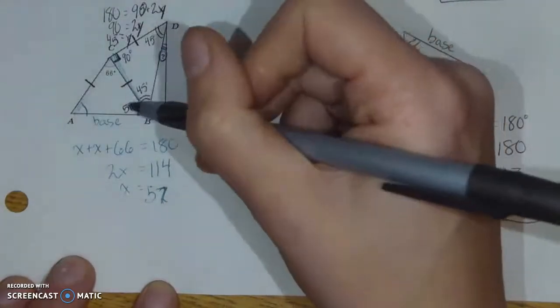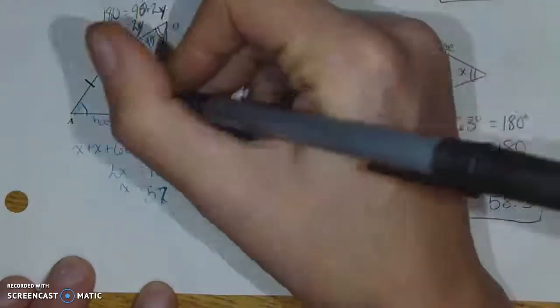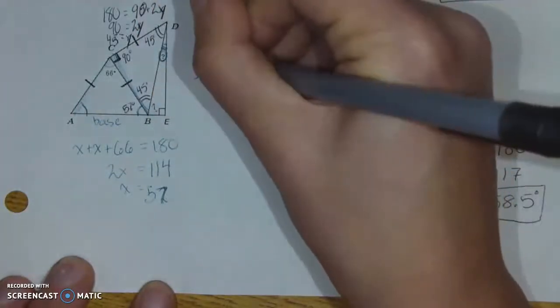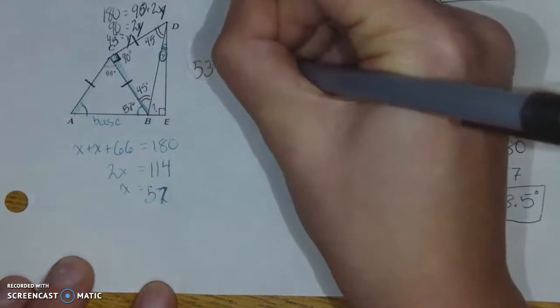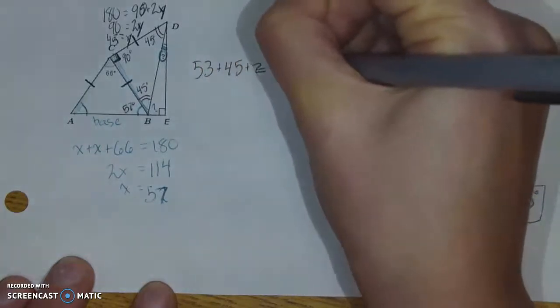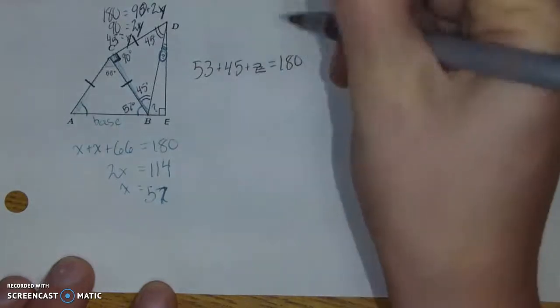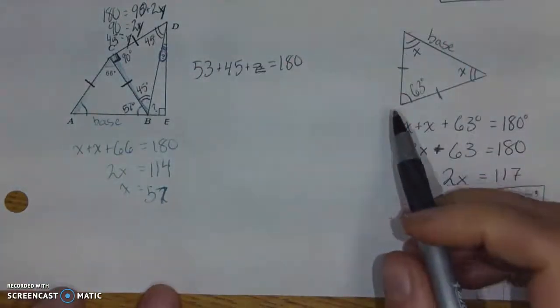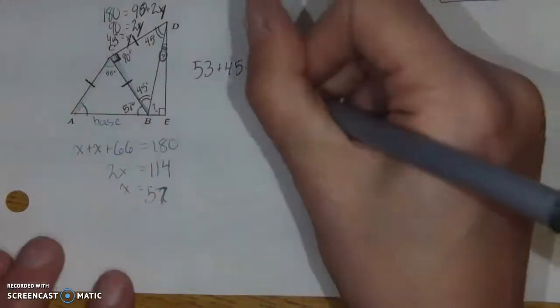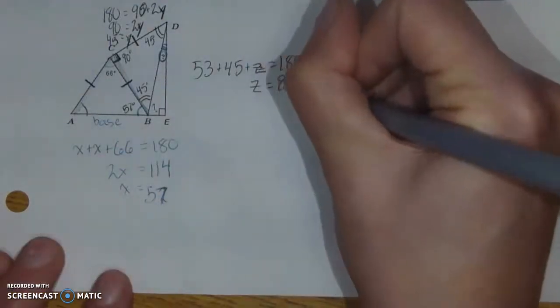When I'm looking at this straight line, I notice that these three angles, 57, 45, and this unknown one, have to add up to 180 in order to form a straight line. So I'm going to call that angle Z, just so I have a different variable going on. And I'm going to go ahead and subtract from 180 the 57 and the 45, leaving me with Z is equal to 82 degrees.